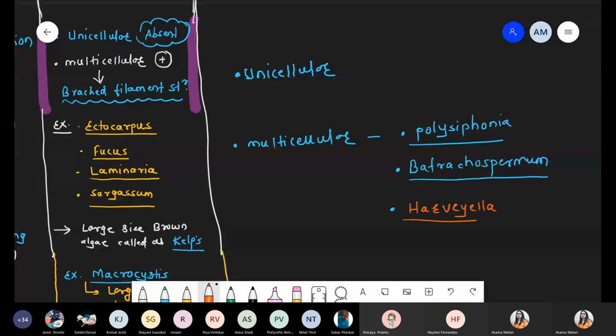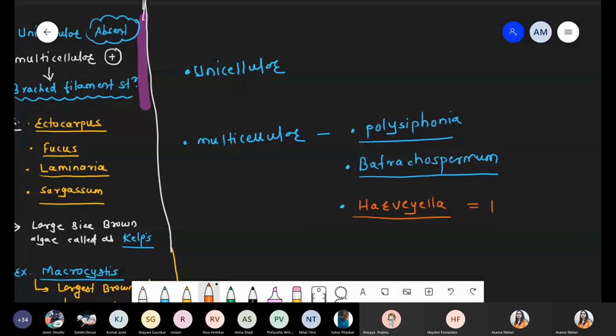Harveyella basically is an example of parasitic red algae. And why do we say parasitic? Because for food, it depends on other red algae. Why are these parasitic? Because these are colorless, not involved in the photosynthesis process.